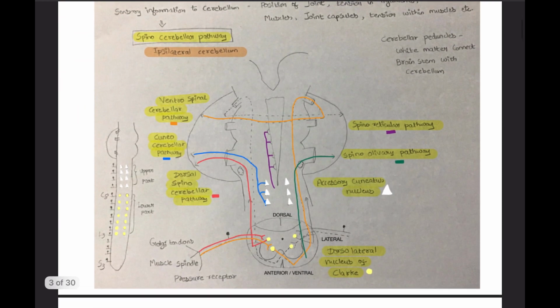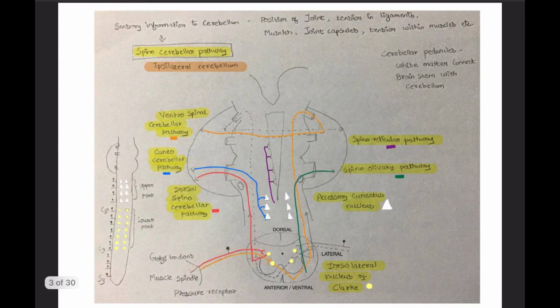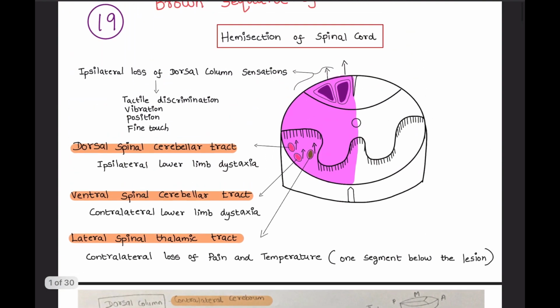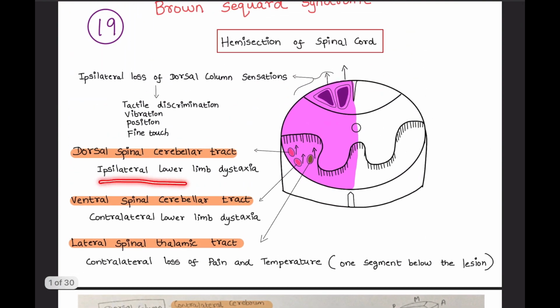So let us see the dorsal spinocerebellar pathway. So here the tract enters the spinal cord, it goes upwards on the same side. So you will have ipsilateral lower limb dystaxia because it is concerned with the coordination of movements.